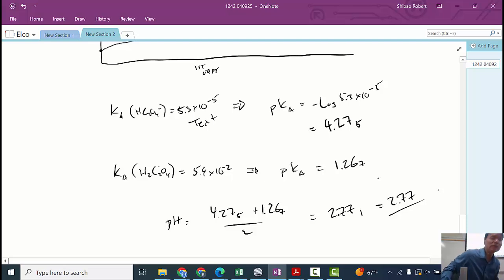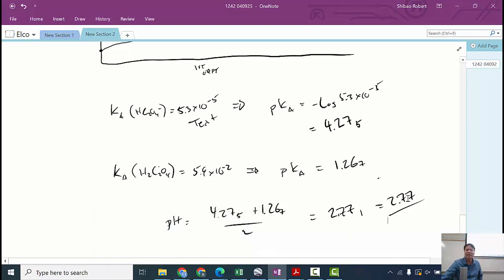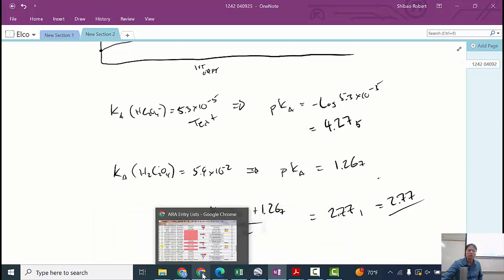If I wanted to see the first equivalence point, then I need an indicator. You know, this is the equivalence point. I need an indicator that changes color at 2.77. Let's see if I can find an indicator that changes color at 2.77.